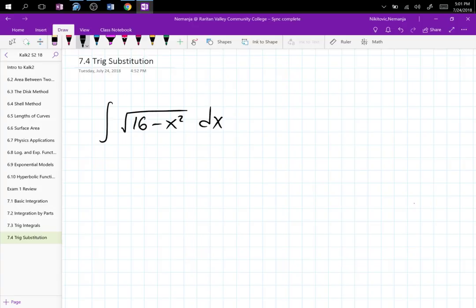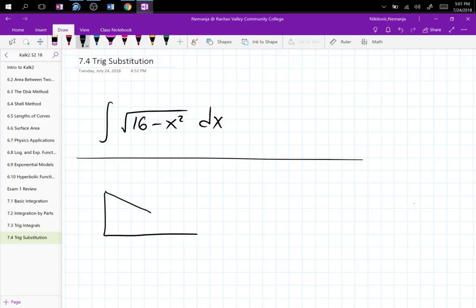Before we do this problem, let me talk briefly about the Pythagorean theorem and the triangle and the setup. If you have a regular right triangle with sides a, b, and c, and you have a right angle, you are able to write the Pythagorean theorem as a squared plus b squared is equal to c squared.